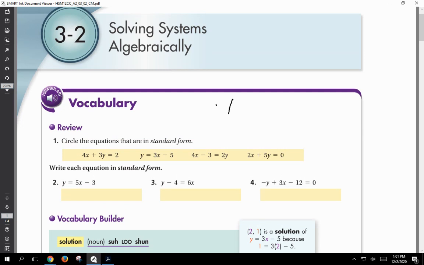Perfect. Okay. So now we're going to do 3-2 solving systems algebraically.